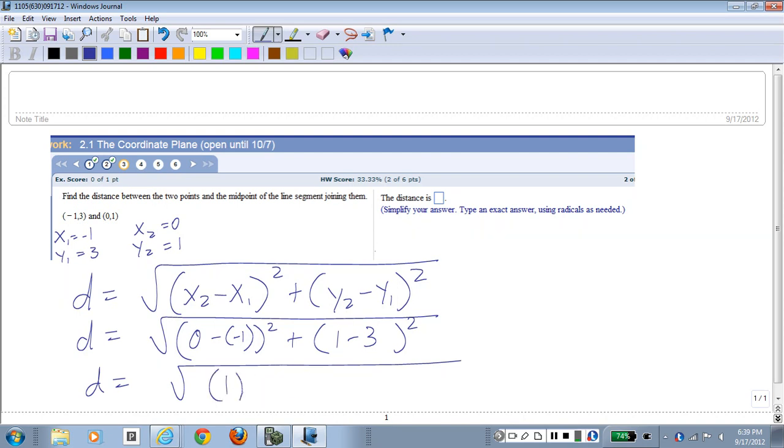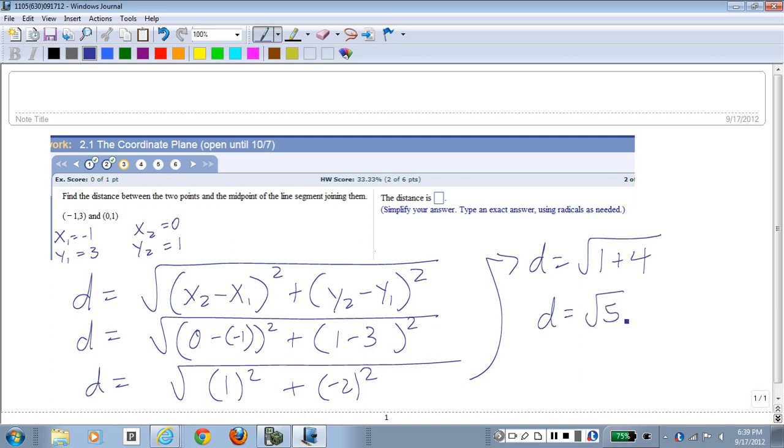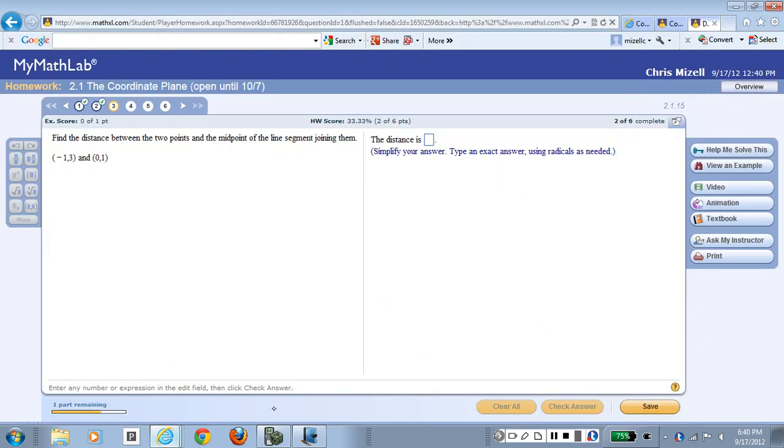So 1 squared plus negative 2 squared. D equals the square root of 1 plus 4. So it looks like the square root of 5. No need to punch this one up on a calculator. It's just wanting the square root of 5. So let's see if I can give it that. Radical 5.